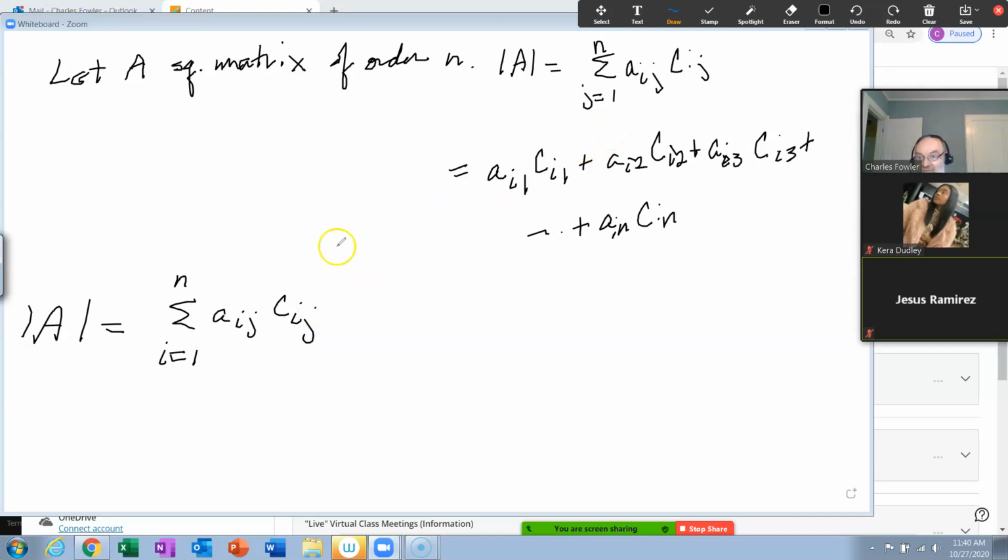Now that looks just like the other. The only difference is that this is counting your i's, and that one is counting your j's.